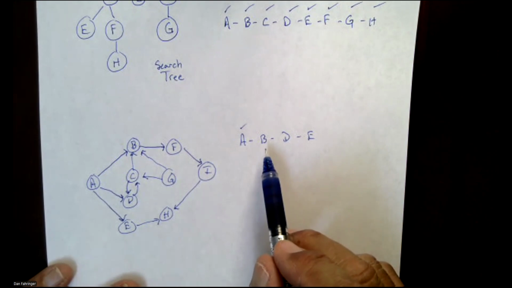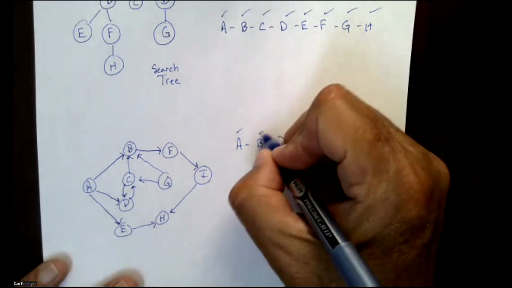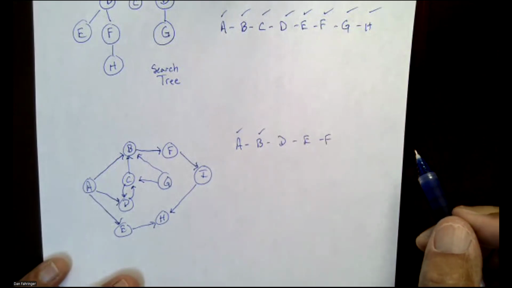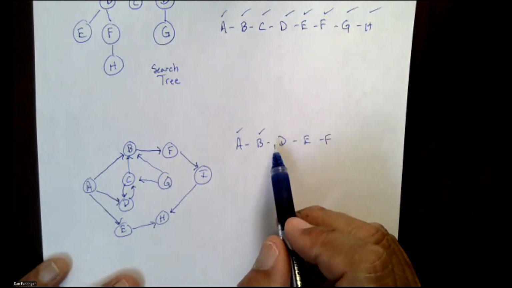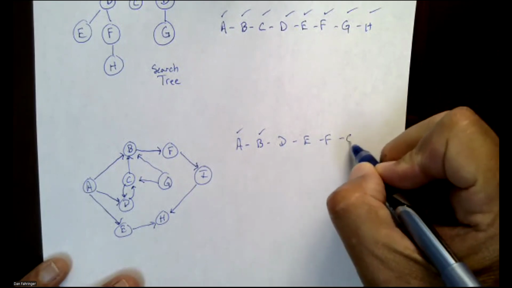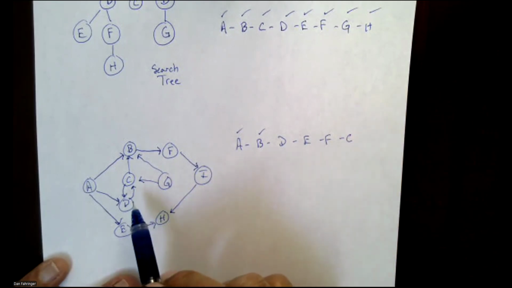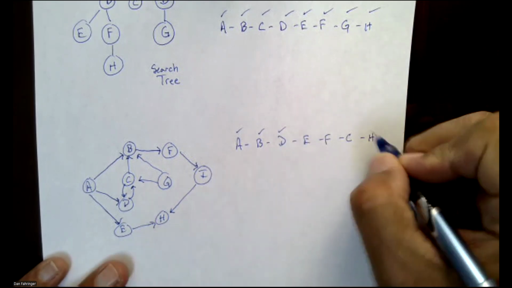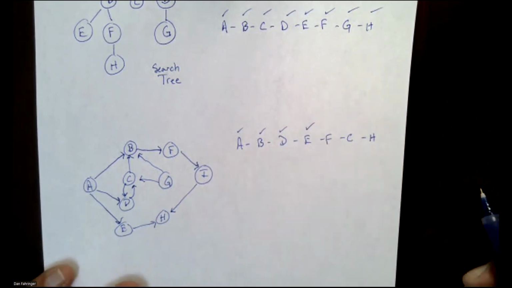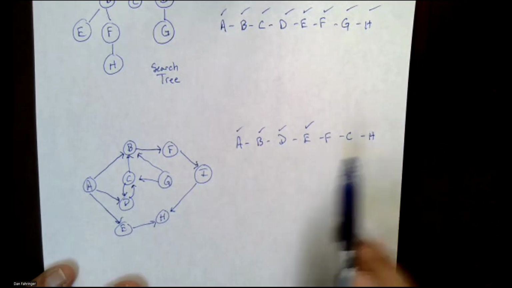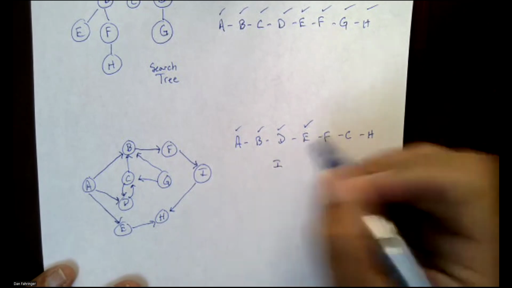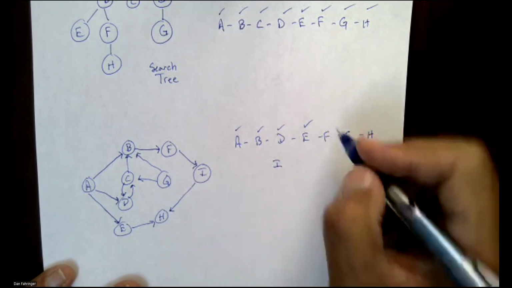Now I check B. B goes to F. That's it. D. D goes to C. And that's it. E goes to H. If I go to F, F goes to I. And that's it.